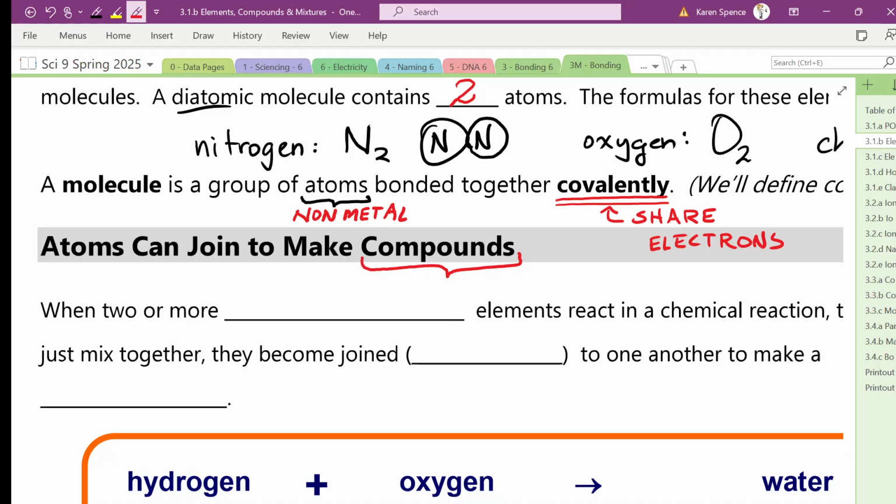So atoms can join together to make compounds. What does it mean to be a compound? More than one type of element. So you have two or more different elements.